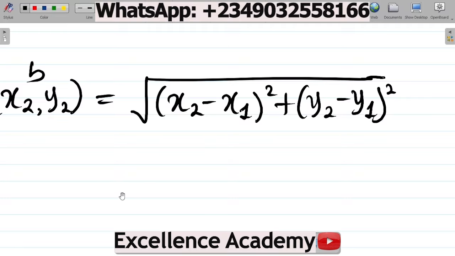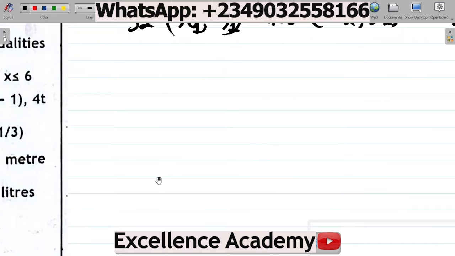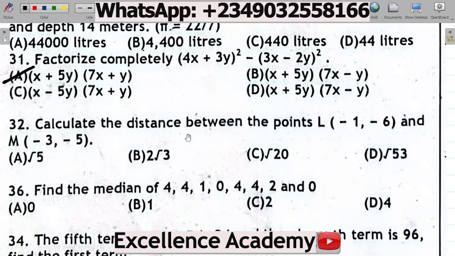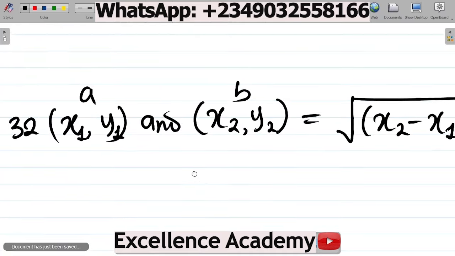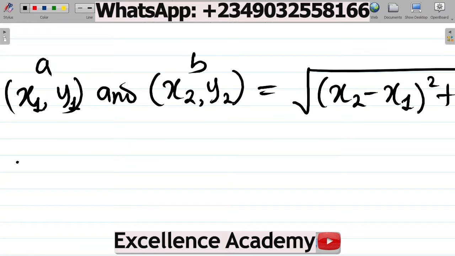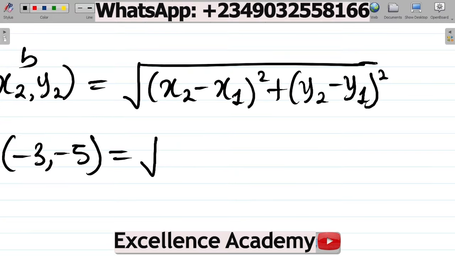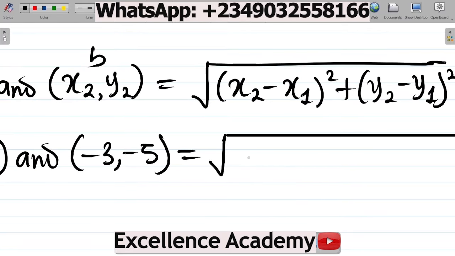Now, considering the points given here for 32, -1, -6 and -3, -5. That becomes the square root of, let's get x2 minus x1.